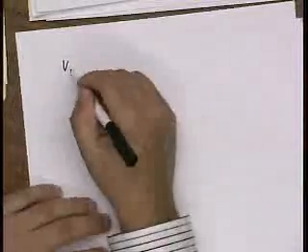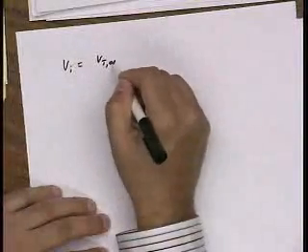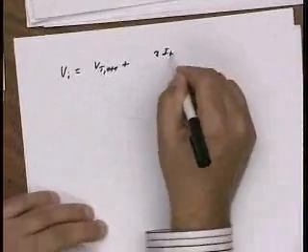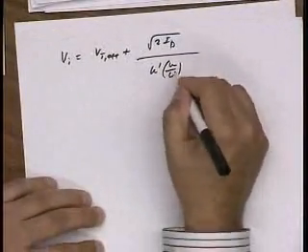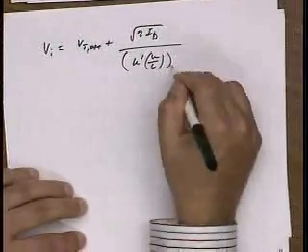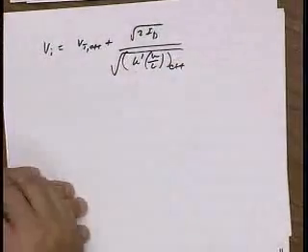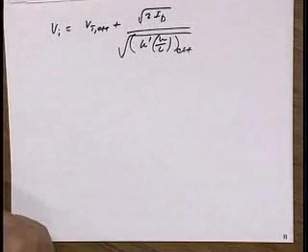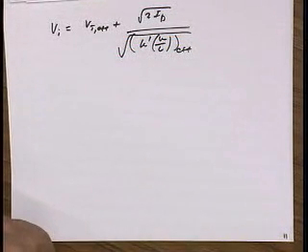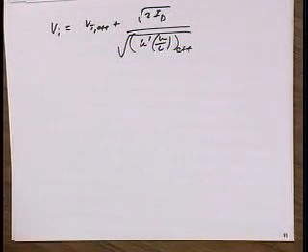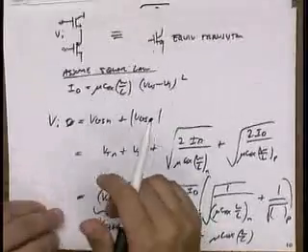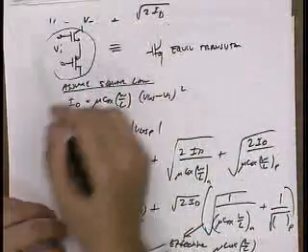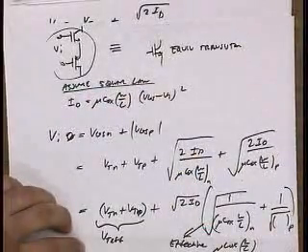So I can say that the input voltage is VT effective plus the square root of 2ID over K prime W over L, the whole thing effective. Okay, questions or comments? So this cell here really acts like a square law transistor in the long channel regime.